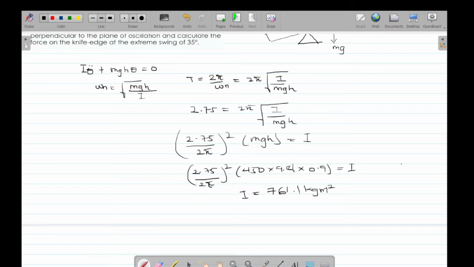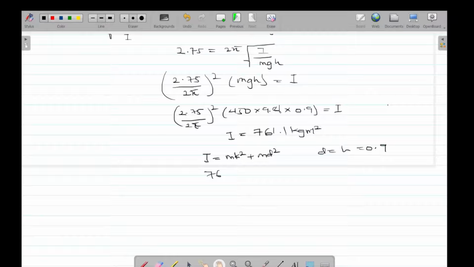Now we know that I is equal to m k squared plus m d squared, where the d here is equal to our h, which equals 0.9. In fact, we can say I equals Ig plus m d squared, and Ig is what you want, which is the m k squared.